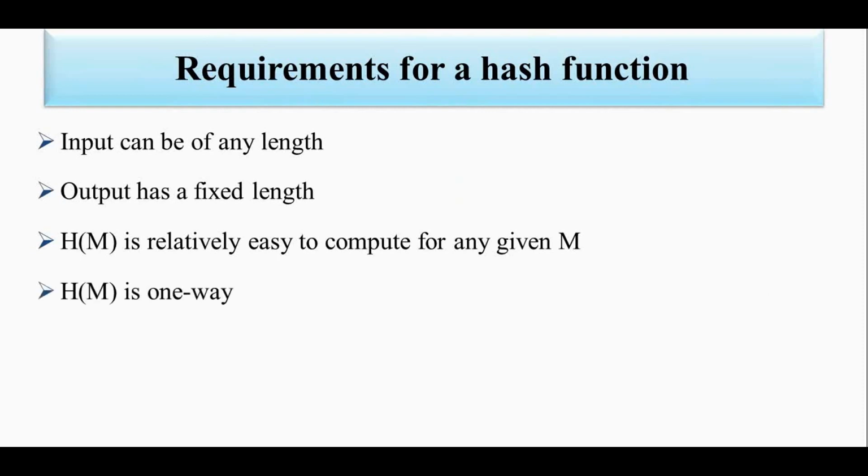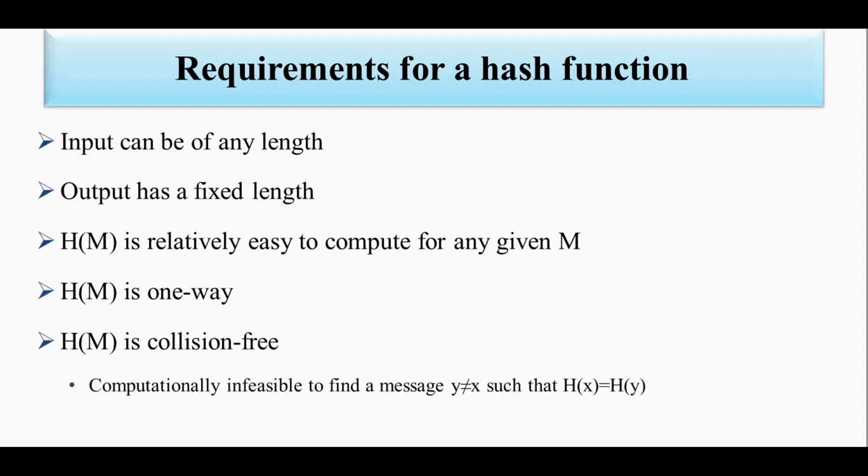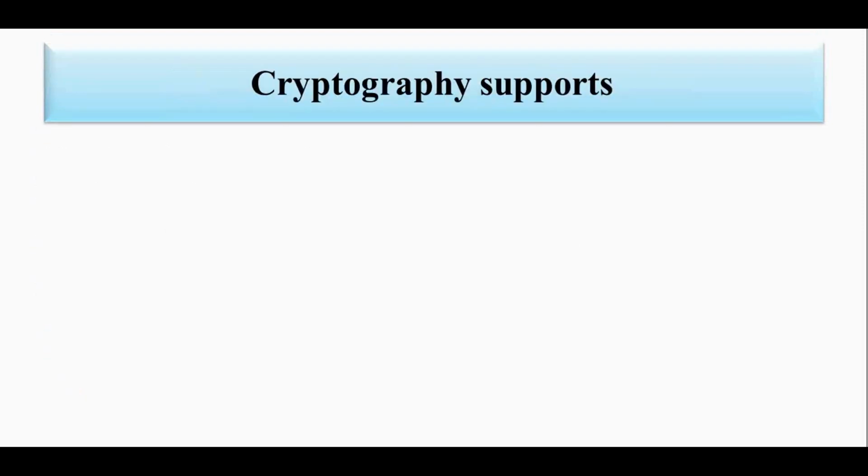And h of m is one way, in the sense that you can calculate h of m from m, but not the reverse. Given h of m, it is impossible to retrieve the message m. H of m is collision free. You cannot find two messages x and y such that their hash values are the same. That is computationally infeasible. So these are the requirements for a hash function.